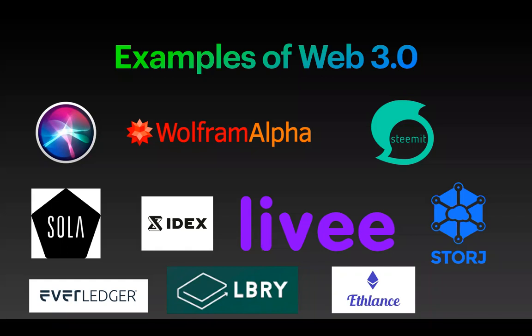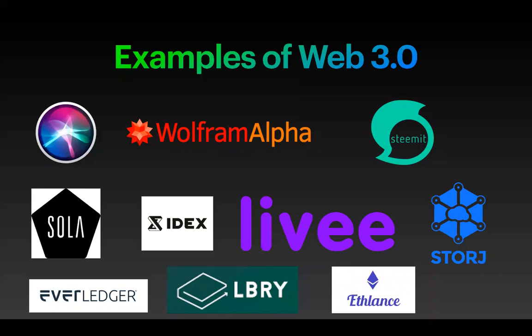Wolfram Alpha is basically a computational knowledge engine. If you have any doubts or want anything clarified on a particular topic, Wolfram Alpha is one of the best things for us.